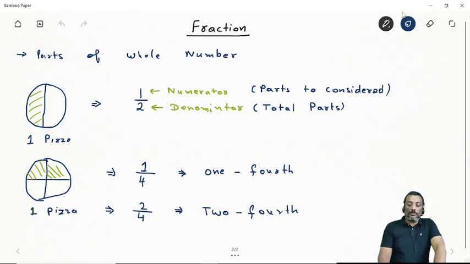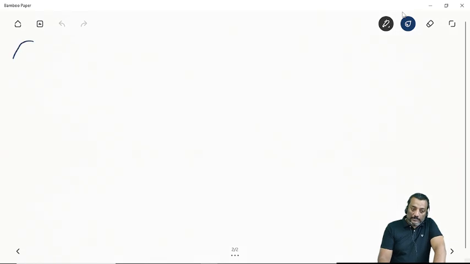Okay, now again this pizza we have divided into 8 sections, 8 slices, one pizza. See, I have divided this into 8 sections.